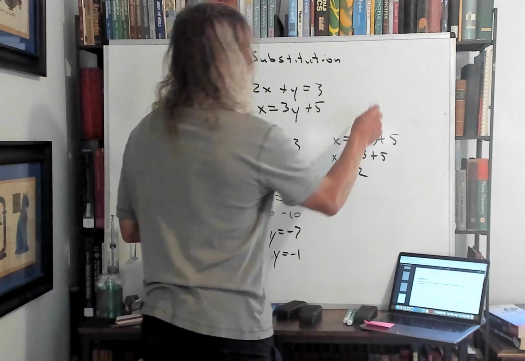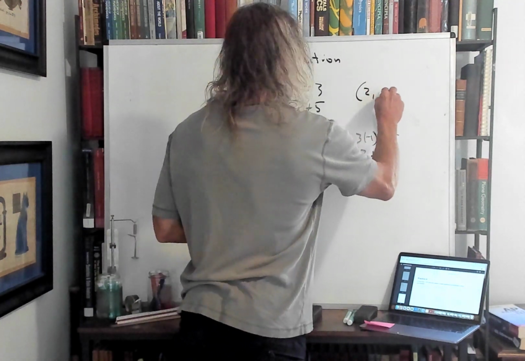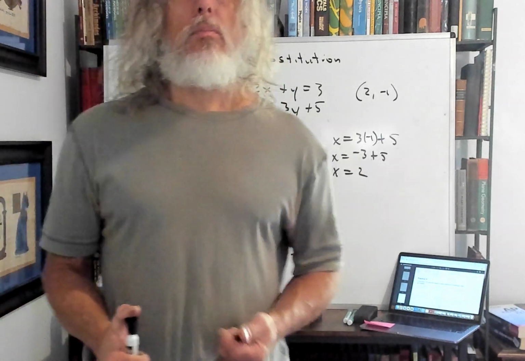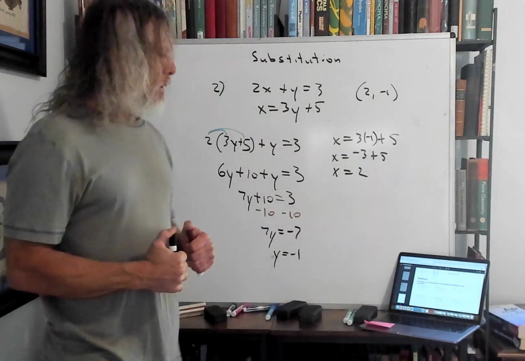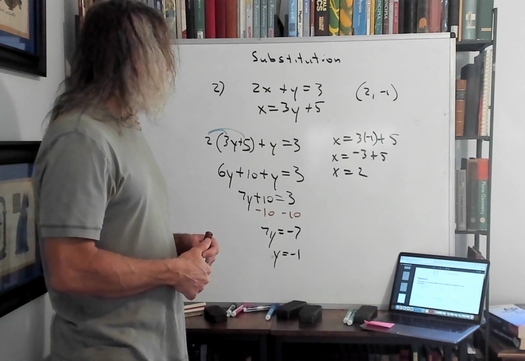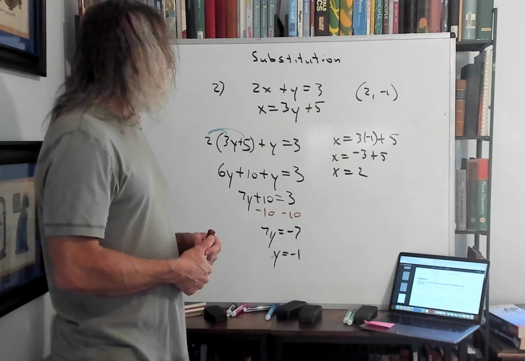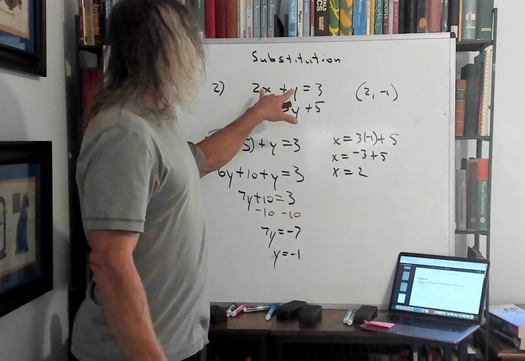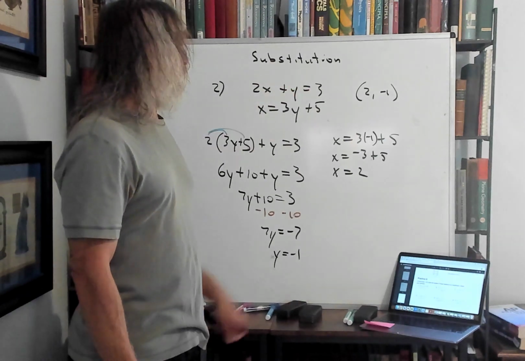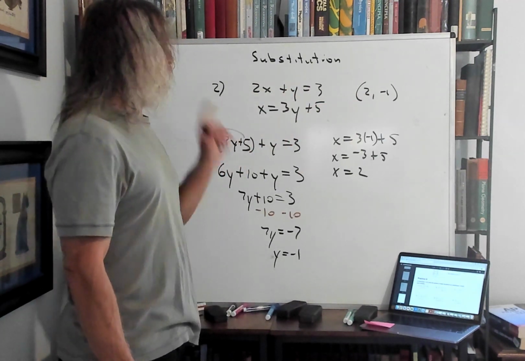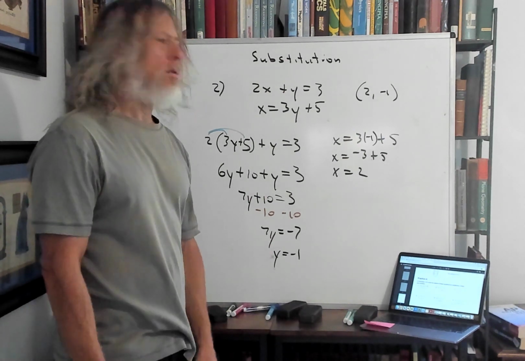And so then we have our ordered pair: 2, negative 1. Okay. So there is another example. And if we check our work, we see that they work out. Get these, put them in here, and we get a 3. Get these, put them in here, and each side will equal 2. And you can check that yourself.